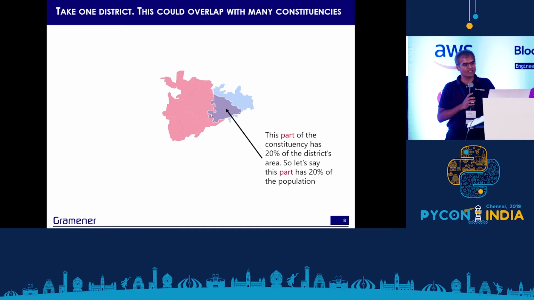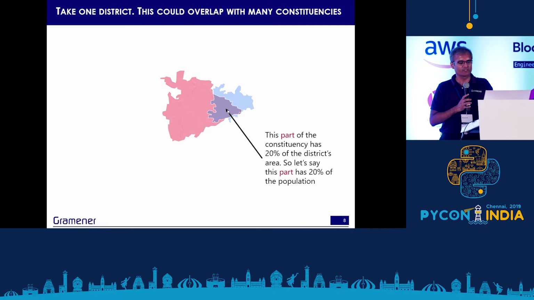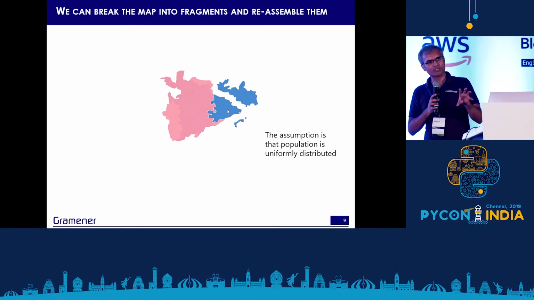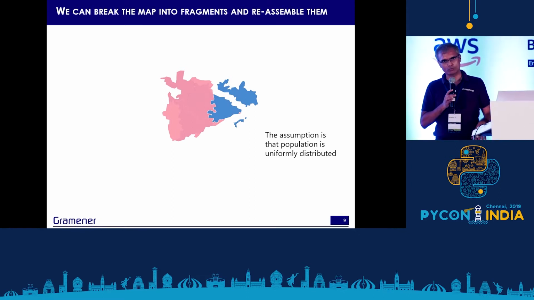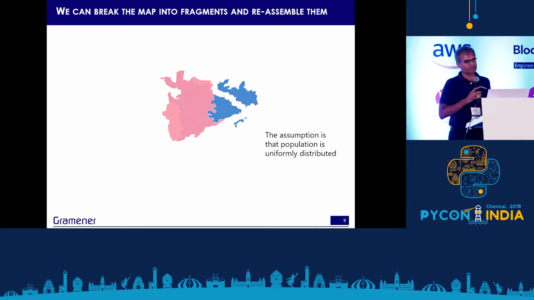So in this area, which takes up maybe about 1/5 or about 20% of that district's population, I can say that population lives here. In other words, we are simply making an assumption that within a district, which is the lowest level of data that you have, or if you have village data that's far more granular, the population is uniformly distributed. That's the basic assumption.